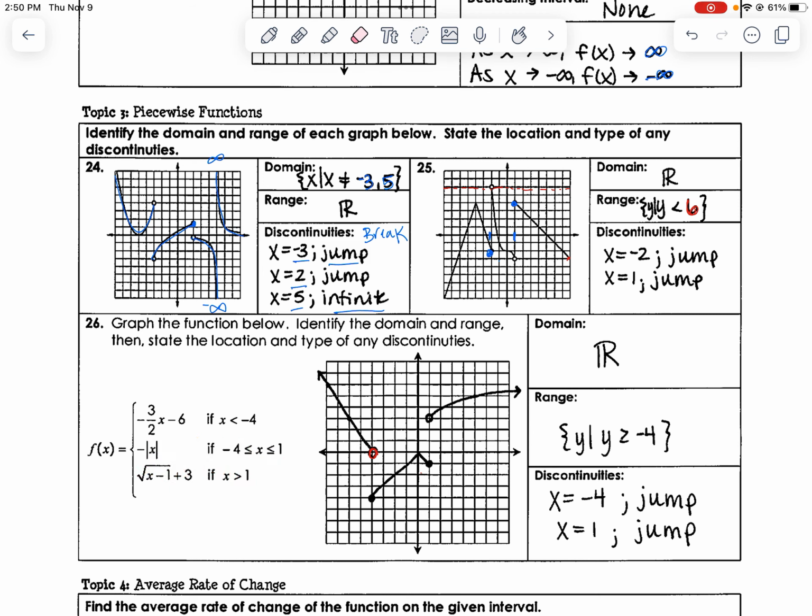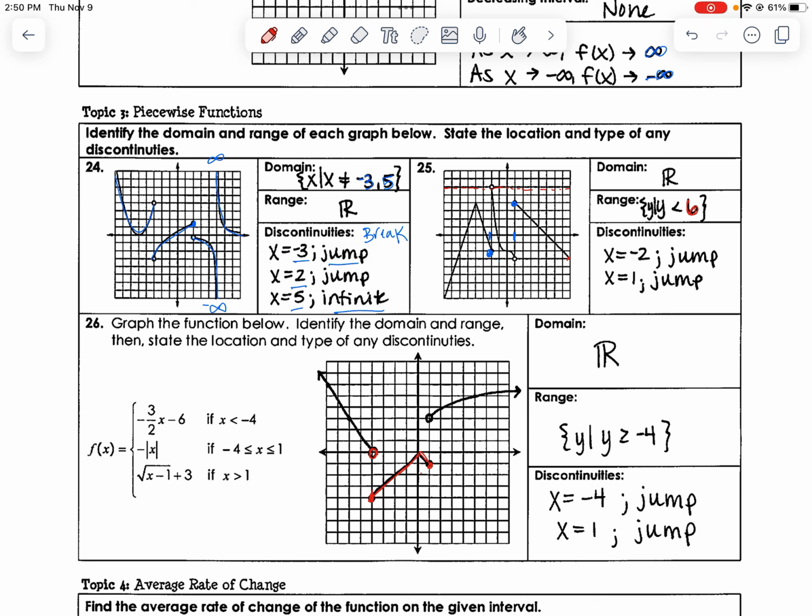Let's look at the absolute value of negative x. That's going to be the absolute value function that's been flipped upside down. But I'm only interested in the x values from -4 to 1. So I'm restricting the domain from -4 to 1 on that absolute value function.